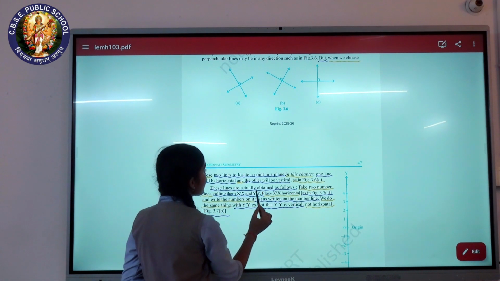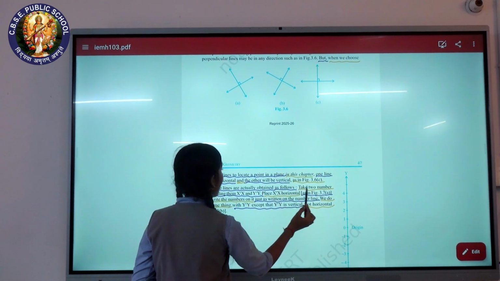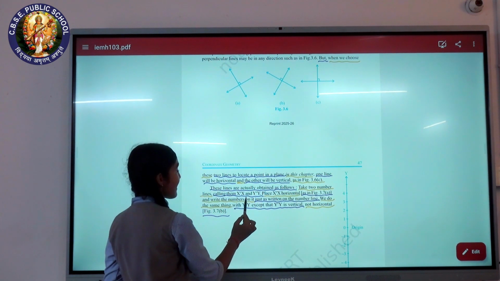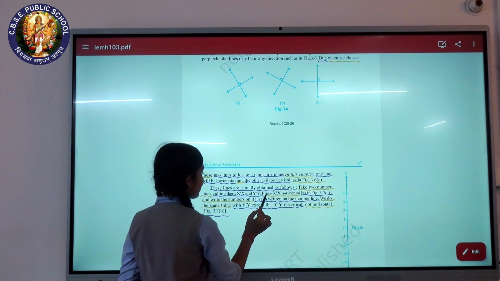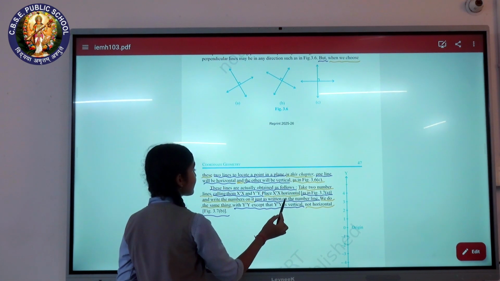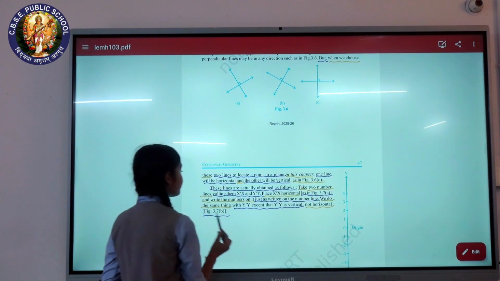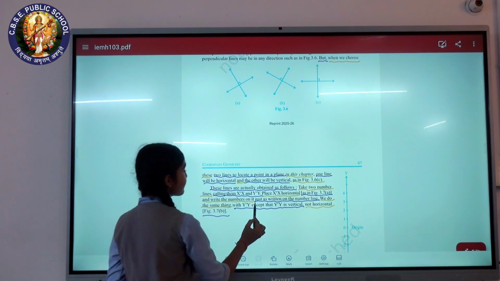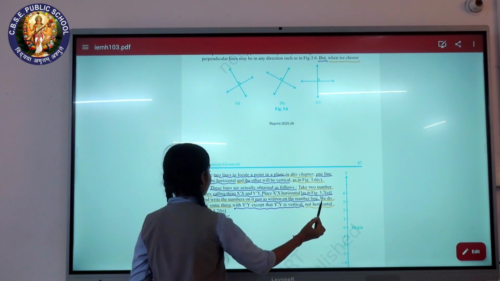These lines are actually obtained as follows. Take two number lines, calling them x dash x and y dash y. Place x dash x horizontal, as in figure 3.7a, and write the numbers on it, just as written on the number line.